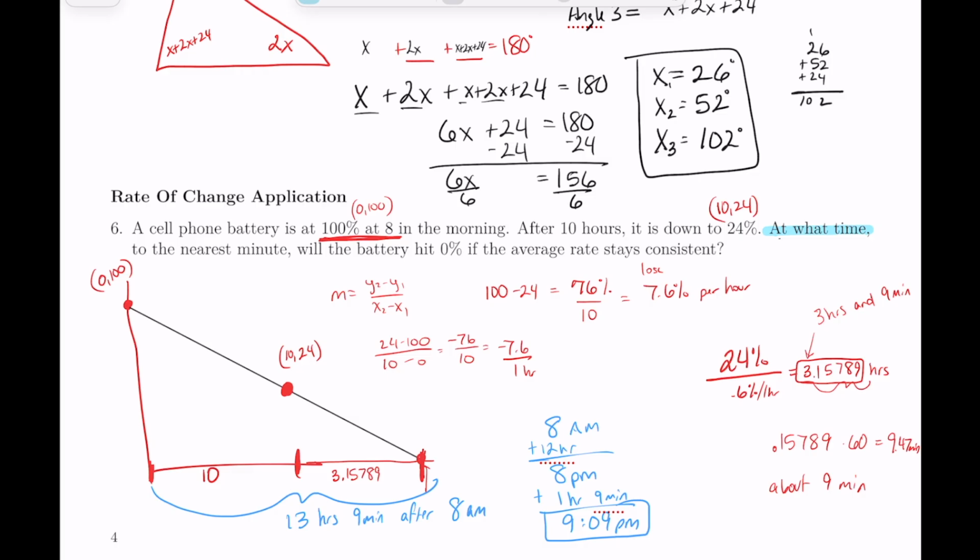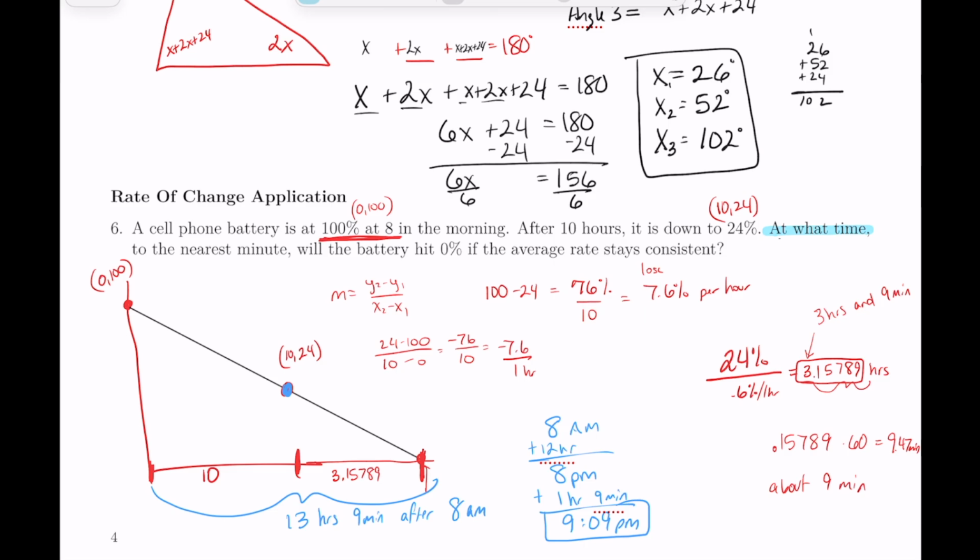Now, this is one way to do it, and that's referencing this point of after 10 hours of playing on the phone, I'm at 24%. So what I'm really looking for is how long until that 24% goes to zero.